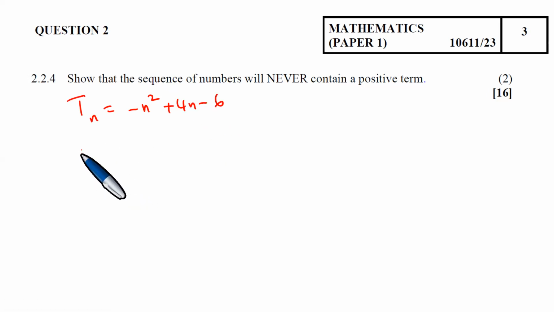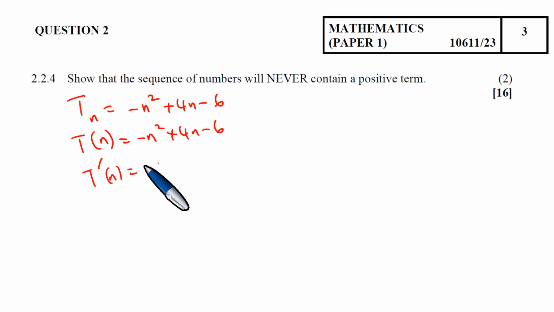We can find the derivative of this, looking at it as a function of n. So T of n is minus n squared plus 4n minus 6, which means T prime of n is minus 2n plus 4.